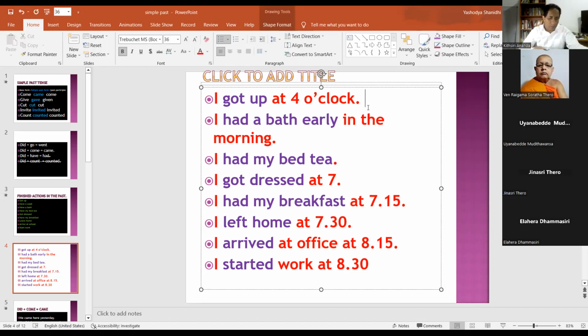The last one is I started work. It should be started working. Yeah, because work of course can be used as a noun. Most of the time, even though we can use work as a noun as well as a verb, when I started work, their work is a noun.